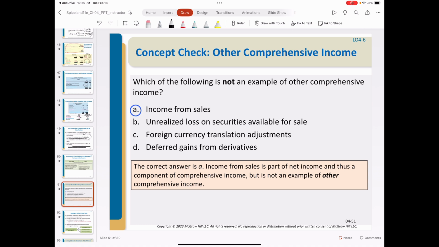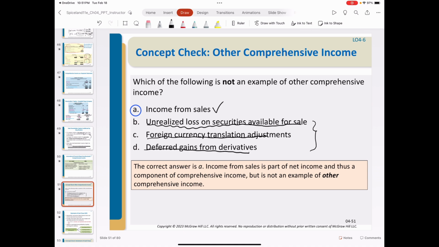So here is a multiple choice question. Income from sales, obviously this is realized. Others are unrealized losses from securities available for sale, foreign currency translation adjustments, deferred gains from derivatives.